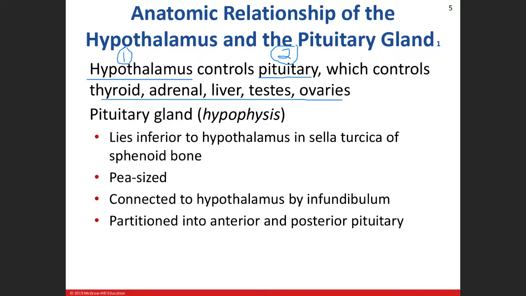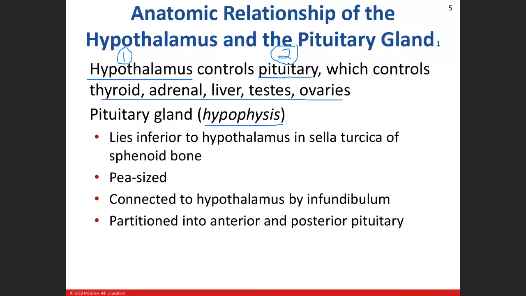Another name for the pituitary gland is the hypophysis. Now if you remember the positioning of these structures, it wasn't too long ago, hopefully for everybody, when you learned where these structures were, when we were mapping out the brain. Where the pituitary gland was in relation to the hypothalamus, and that there was a connection between the hypothalamus and the pituitary gland.